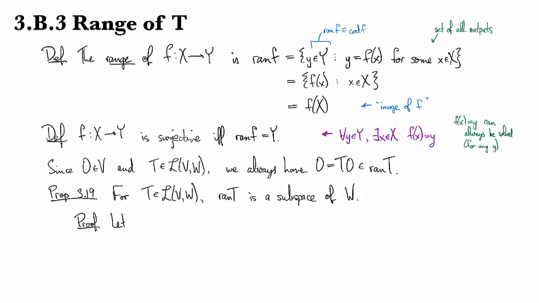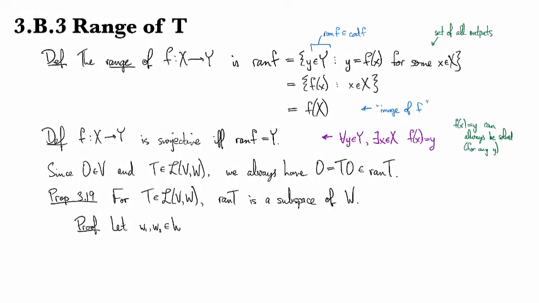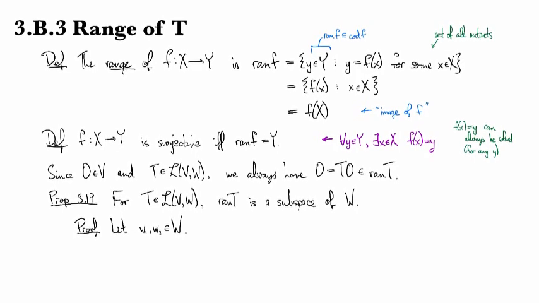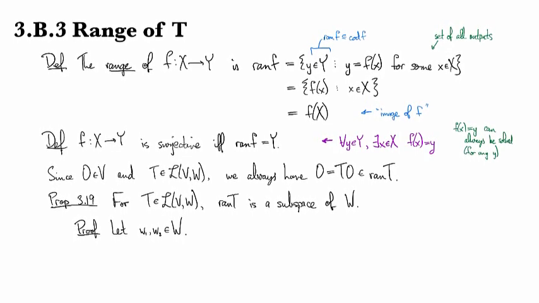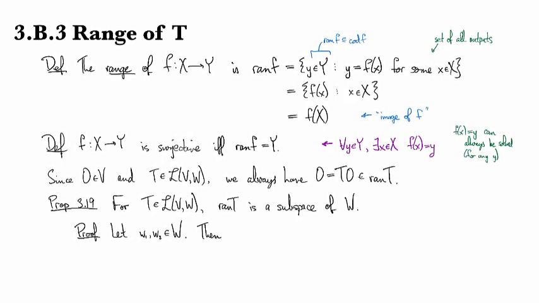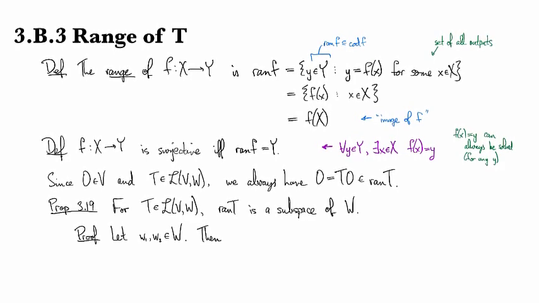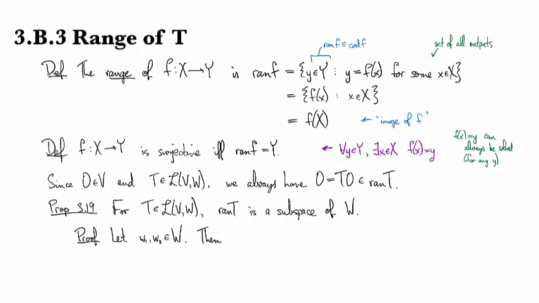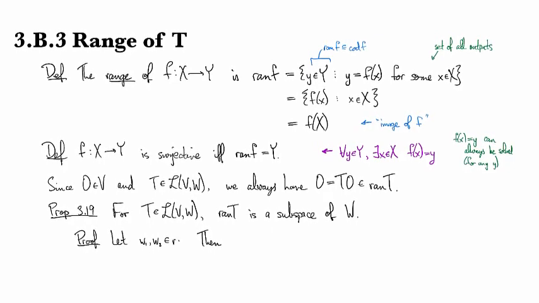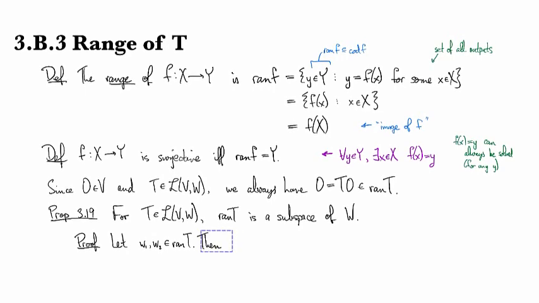So suppose we have w1 and w2, both elements of range of T, because we want to show range of T is a subspace.